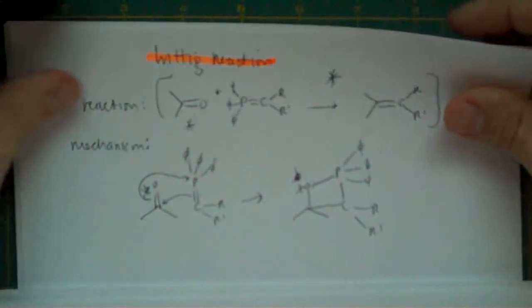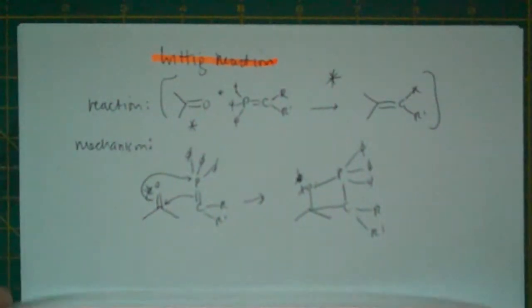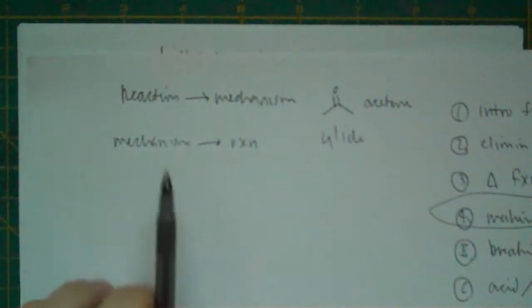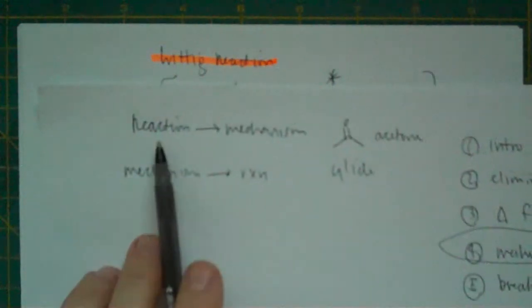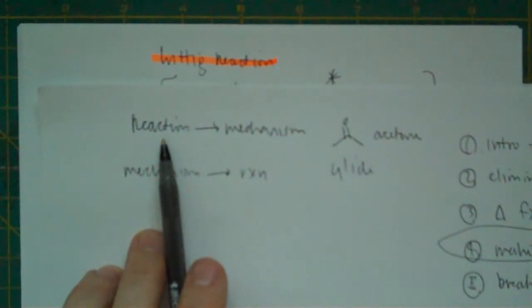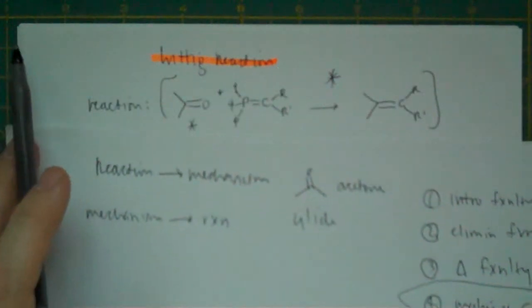Okay? And now that we have that, here's a good example of how, because I'm looking at this and going, I have no idea what to do next. Probably you're saying the same thing. You could memorize it, but I think there's something better here. I think if you memorize the reaction very carefully, the mechanism sort of falls out of that. So look at this. Here's the reaction.